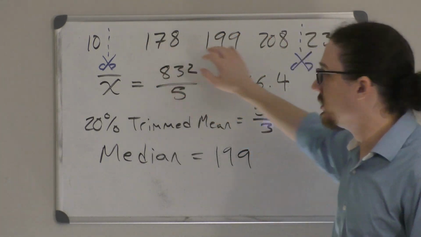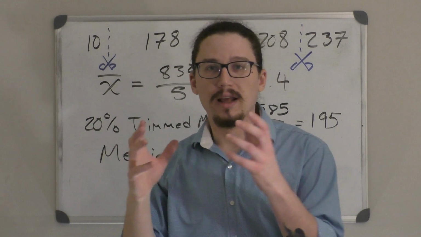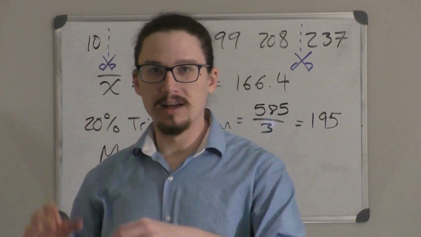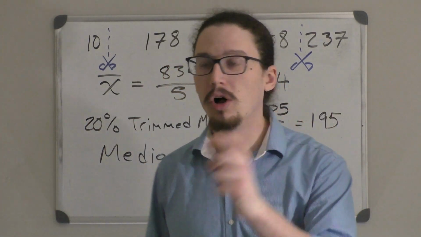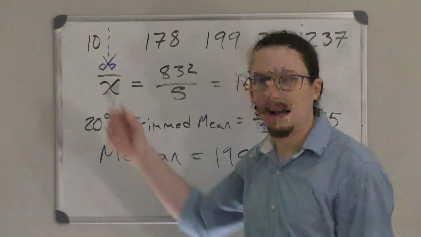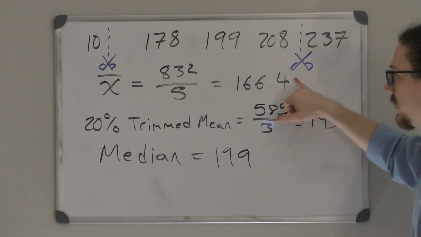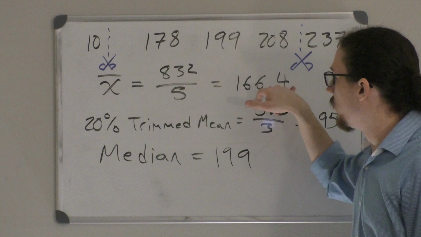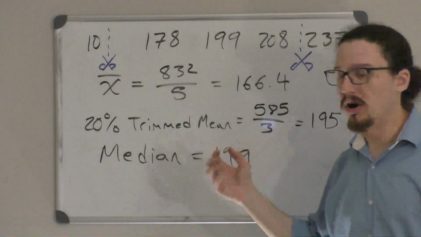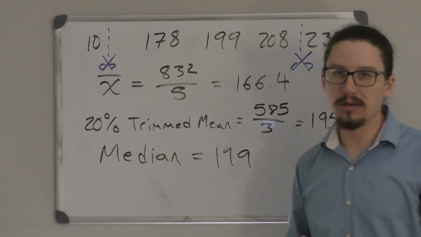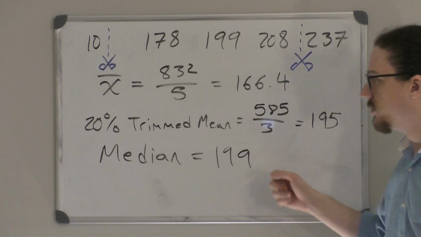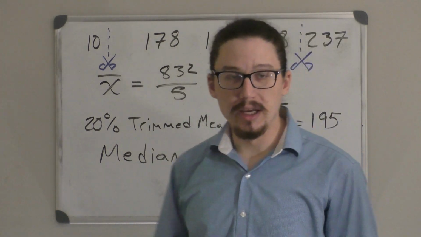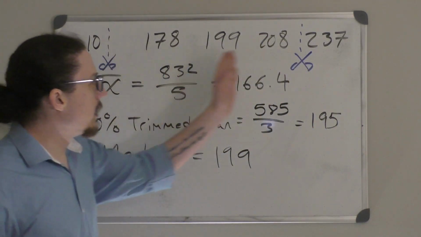So this is kind of the idea of resistance. We have this potential outlier in 10. 10 is small relative to the rest of our data set, which is in the high 100s and in the low 200s. That data is much larger than this small outlier.